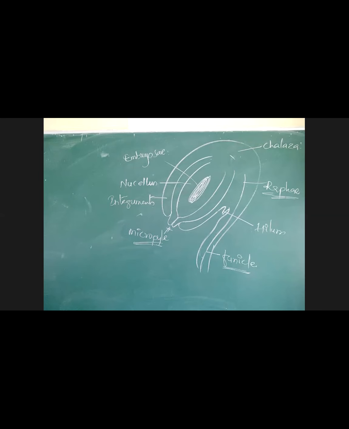Next point. A large oval structure enclosed in the nucellus, towards the micropylar end, is the embryo sac.